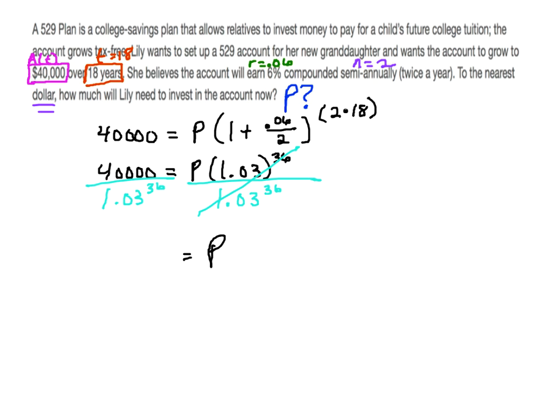And I get that she needs to invest, and it says round to the nearest dollar, she needs to invest $13,801 so that 18 years later, her granddaughter will probably not even have enough to pay for her first year of school, especially in today's world. $40,000 is not much money when it comes to paying for college.